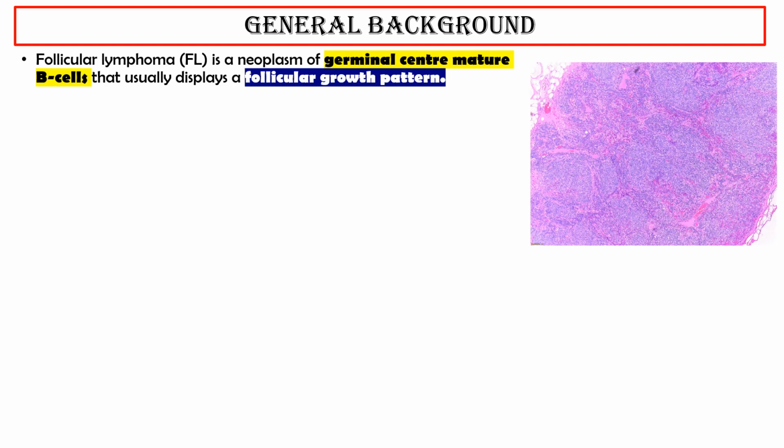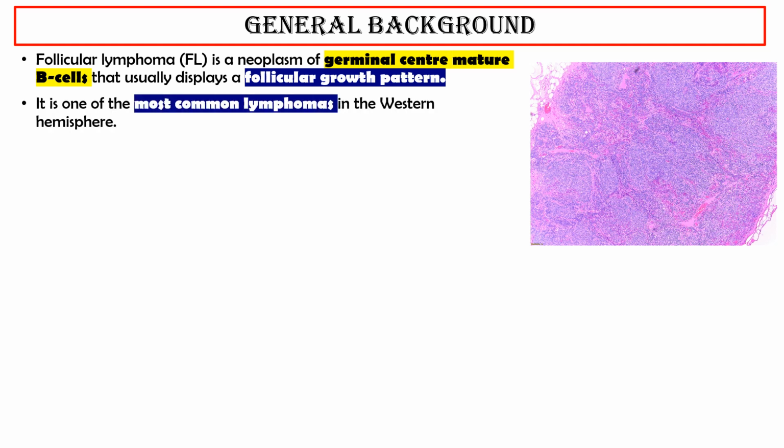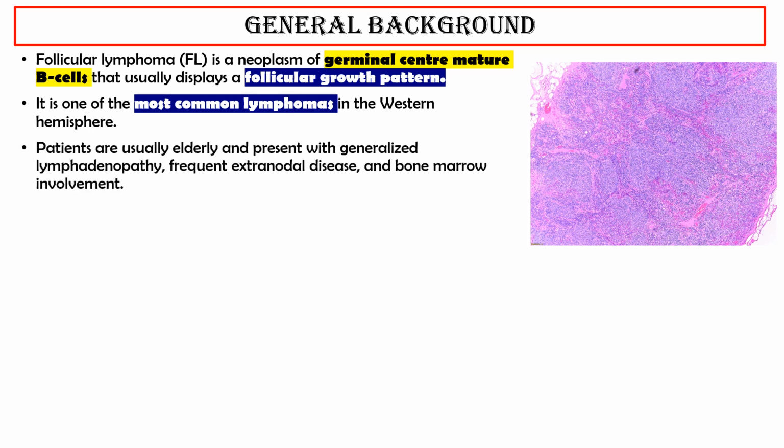Okay, let's talk about follicular lymphoma. General background. Follicular lymphoma is a neoplasm of germinal center mature B cells that usually displays a follicular growth pattern. It is one of the most common lymphomas in the Western Hemisphere.